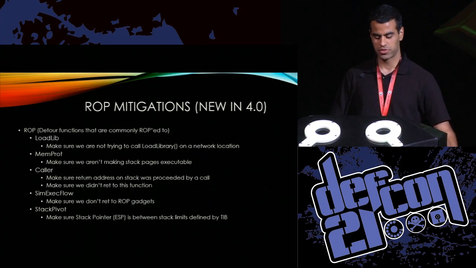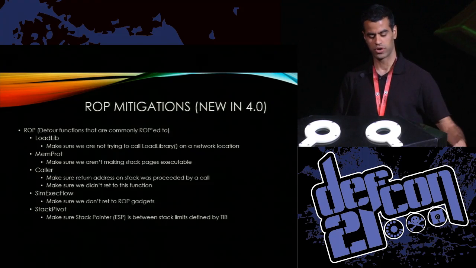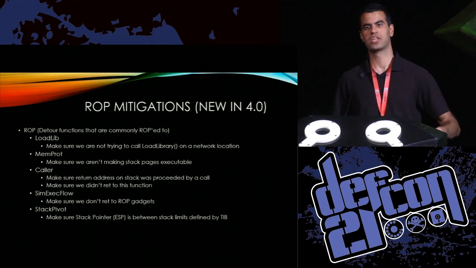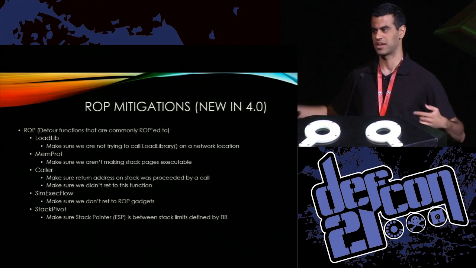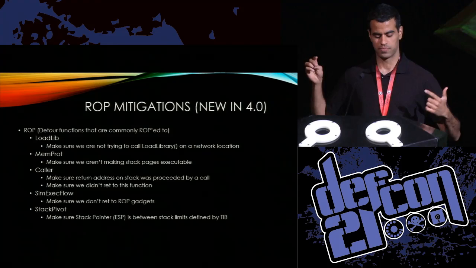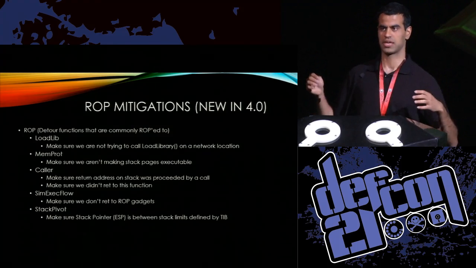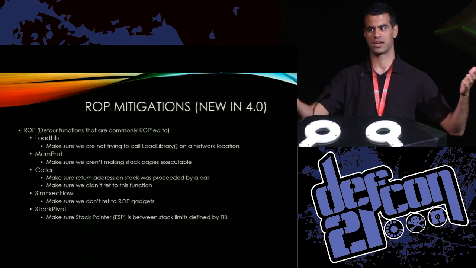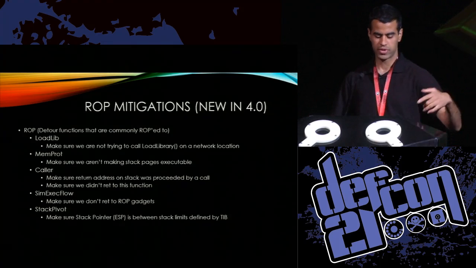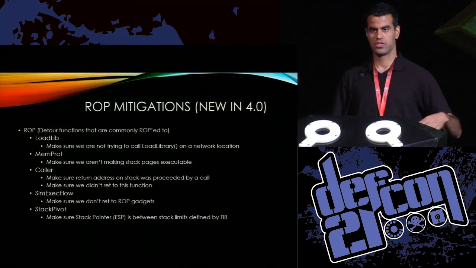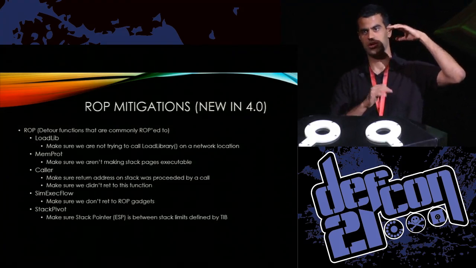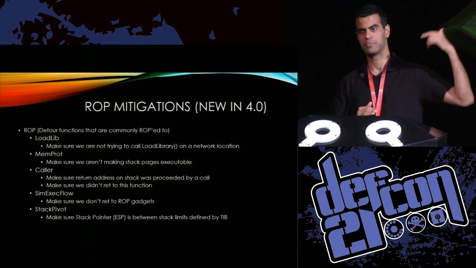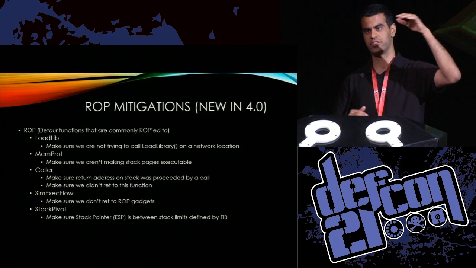Some of the ROP mitigations, new in 4.0 from 3.0, include the LoadLibrary mitigation, which is basically to make sure you're not loading DLLs from network shares, because that's kind of creepy. The memory protection, where we make sure you're not making stack pages executable, because as you know, stack pages are supposed to be data, so read and write, not execute. The caller mitigation, where we make sure that this current frame's return address points to a location that's preceded by a call instruction which calls this function.